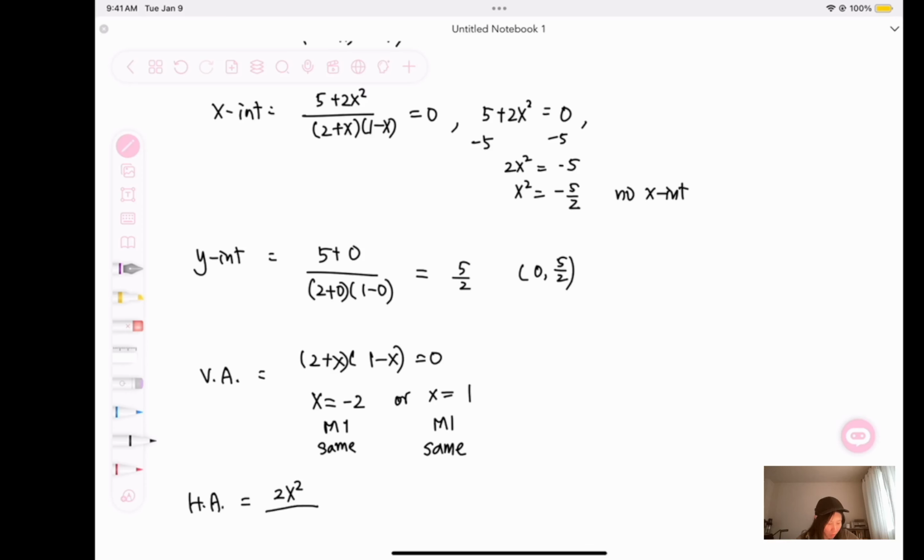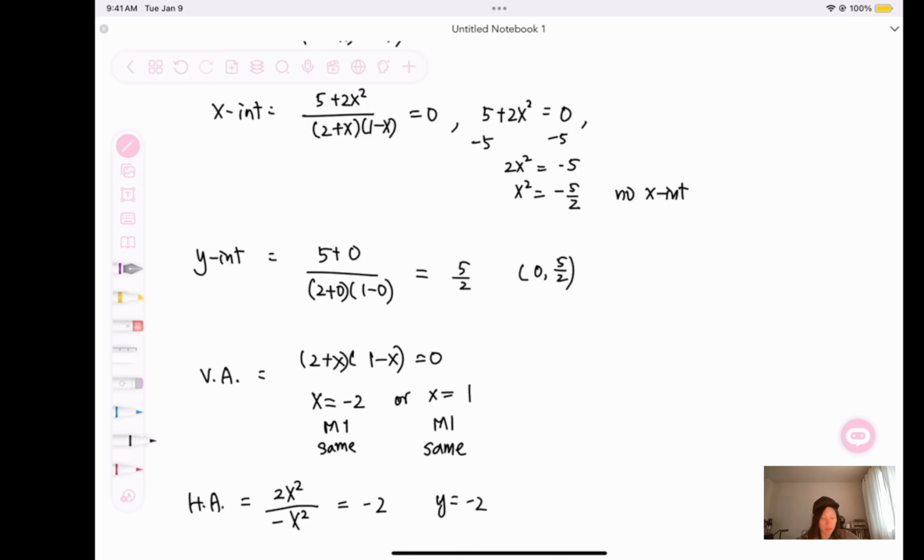The bottom one would be negative x squared, because there is a negative, so when multiplied together the highest power gives you negative x squared. Simplifying, we have negative 2. So the horizontal asymptote is y equals negative 2.